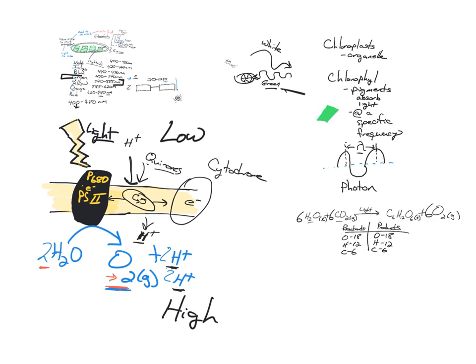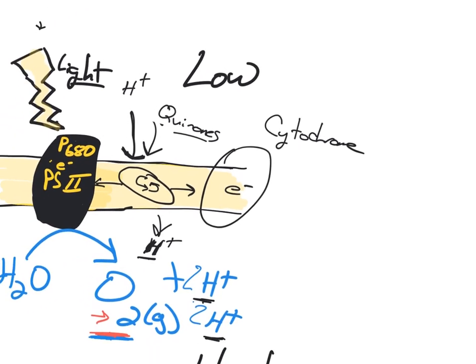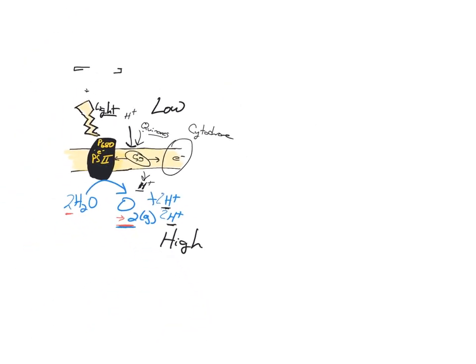Because that means now you can have what? If you have a high and a low, what can you have? Passive. You can have diffusion, right? It's sort of like running water. It's sort of like collecting water from a river high up on a hill. What can you do with all that water?